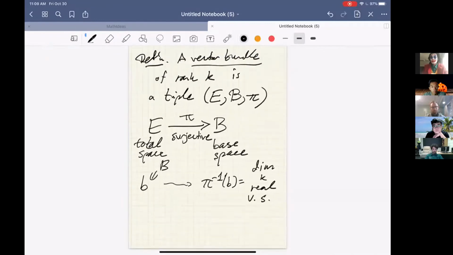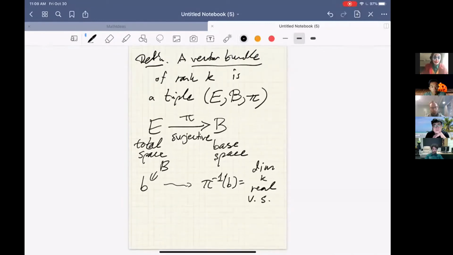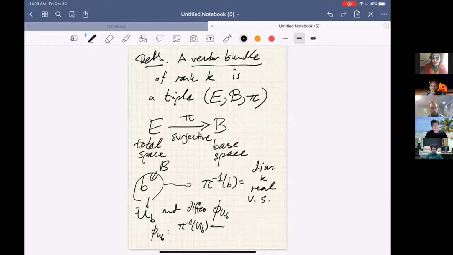That's not all. I require a bit more. I also require for every point little b in the base, there's a neighborhood, U_b, and a diffeomorphism, where this is mapping from the preimage of the neighborhood to the neighborhood cross R^k, such that this diagram commutes.